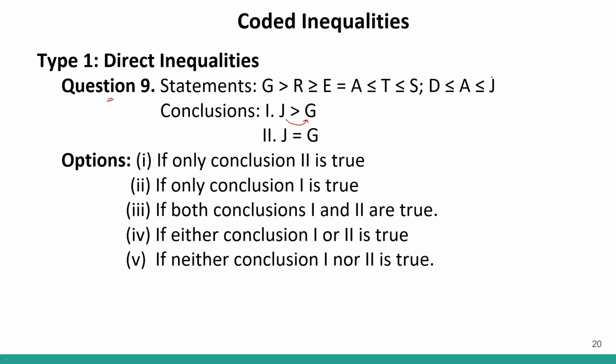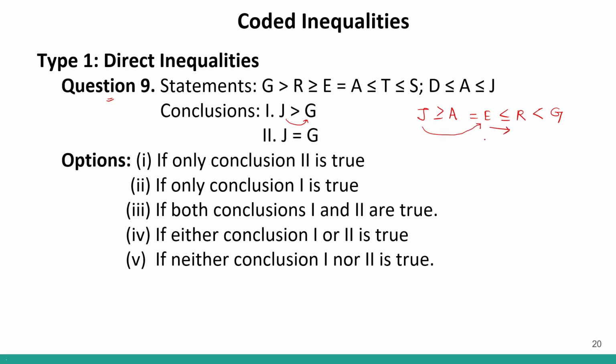I can over here see a relationship between J and A, and over here I can see a relationship between A and G. So if I combine them, I can see J is greater than equal to A, which is equal to E, which is less than equal to R, which is less than G.